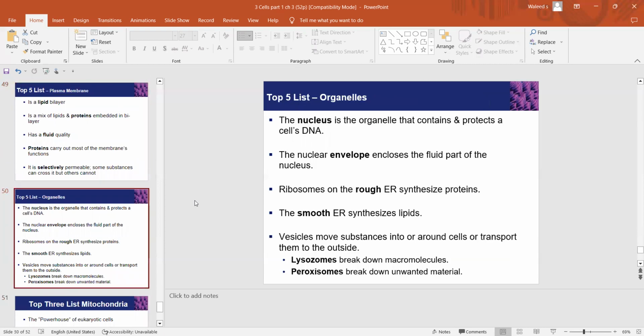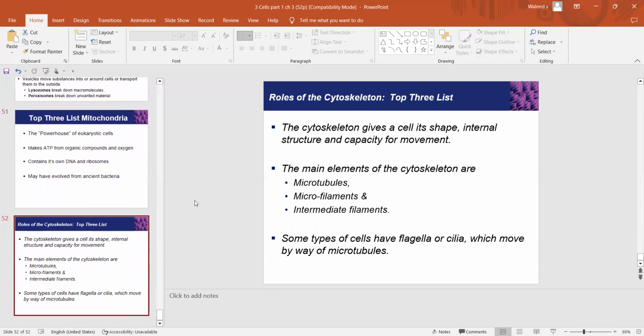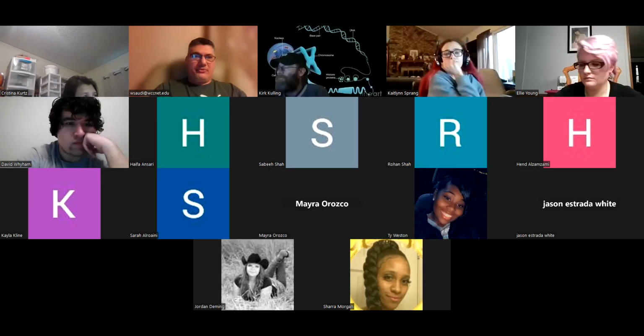The minimum here. Nucleus, smooth ER, rough ER, lysosomes, here it is. Mitochondria, cytoskeleton. So it is giving you what you should focus on. If you're asking me what exactly I should focus on after I finish studying, it's the summary that you see here. Okay, I'm going to stop.